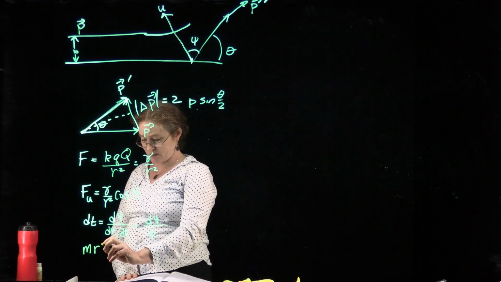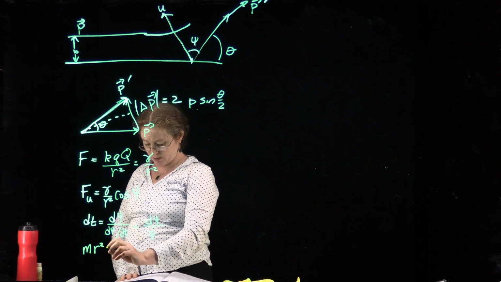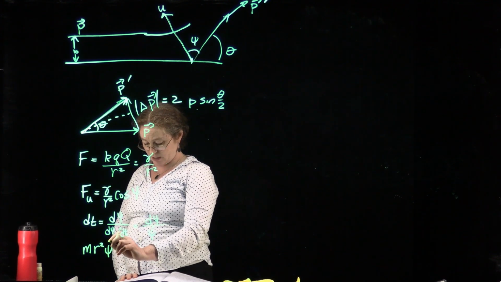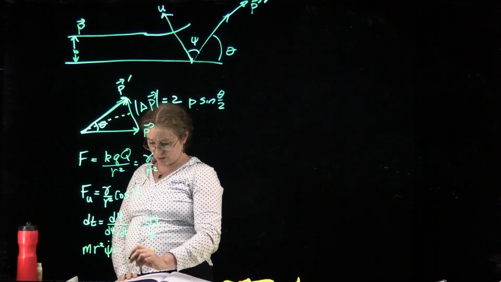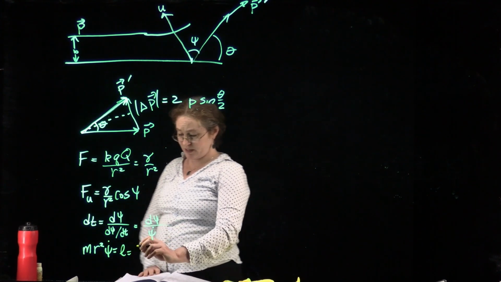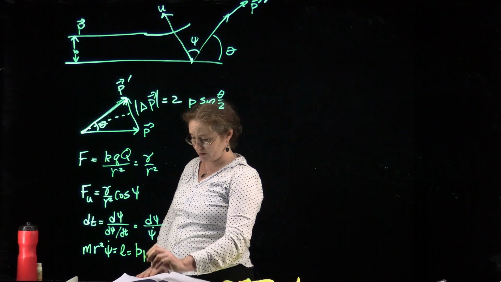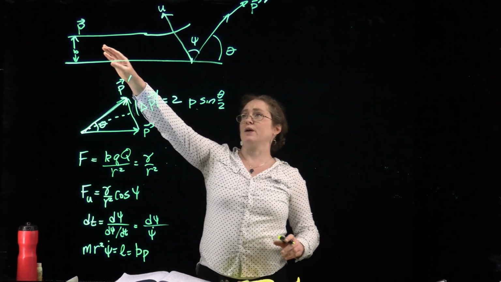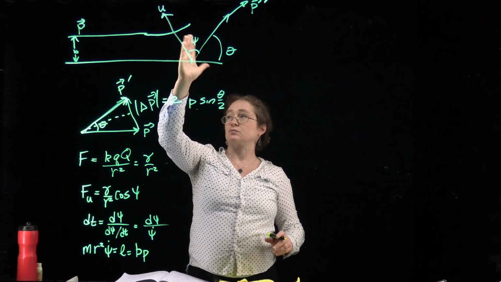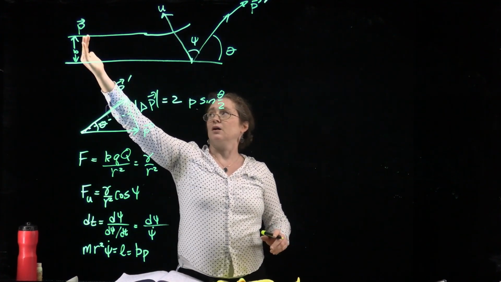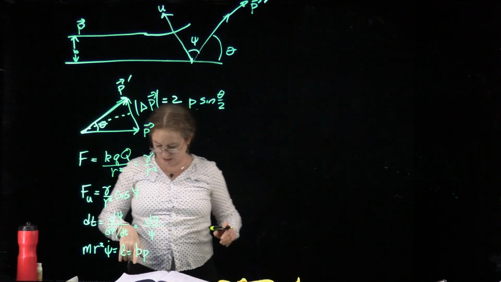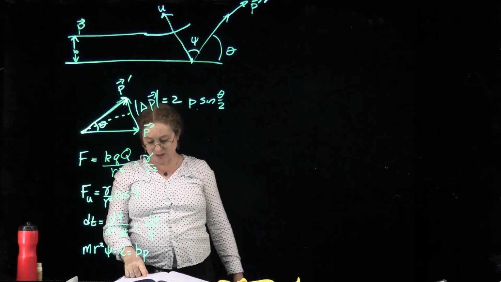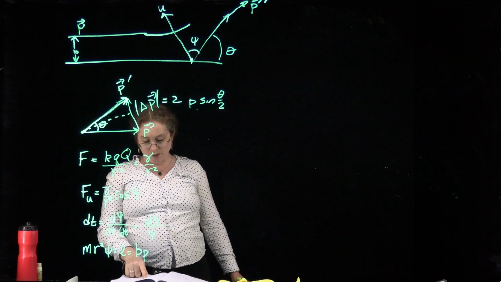Angular momentum is m r squared psi dot, so that's equal to L. It is also equal to the impact parameter times the momentum, because you have just the moment arm r cross the momentum.